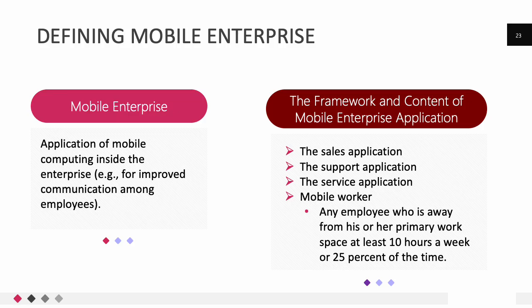Even if someone spends just 10 hours a week away from their desk, they are considered a mobile worker. So mobile enterprise is like giving your company superpowers to work smarter, faster, and more flexibly, because you can work anytime, anywhere. It's pretty cool, right?